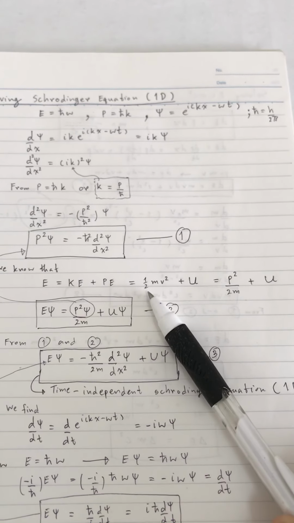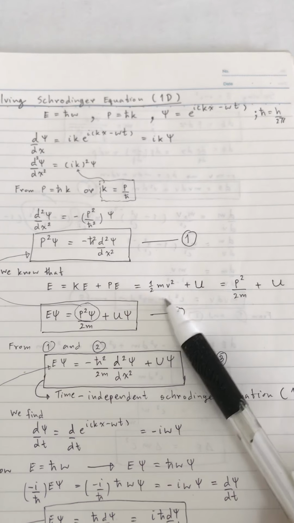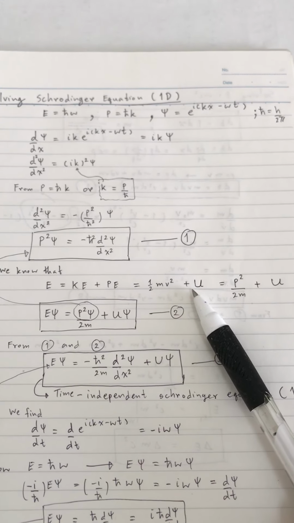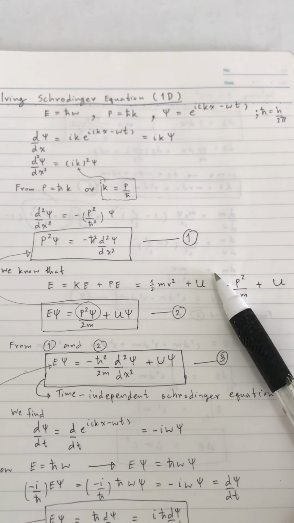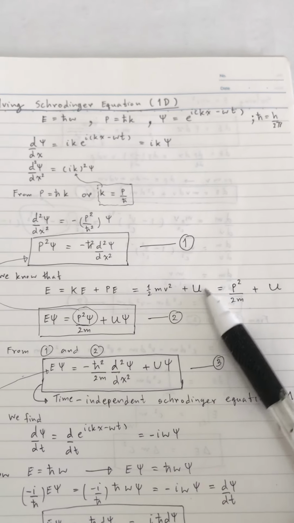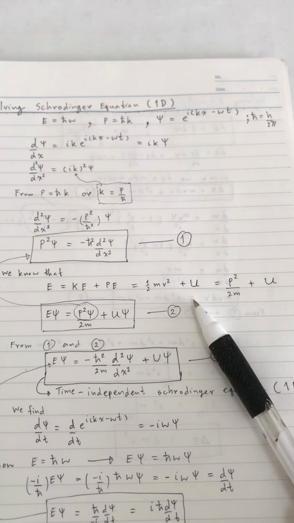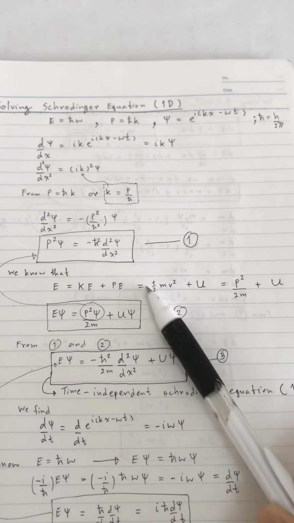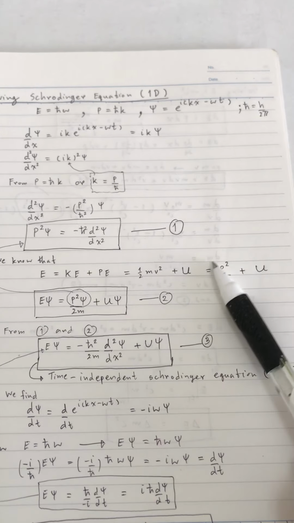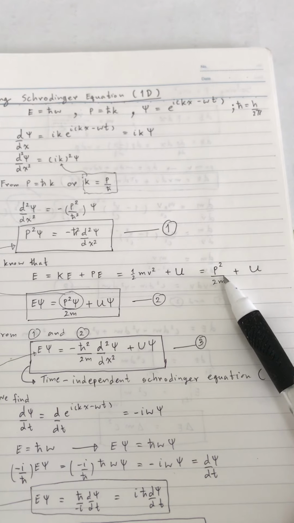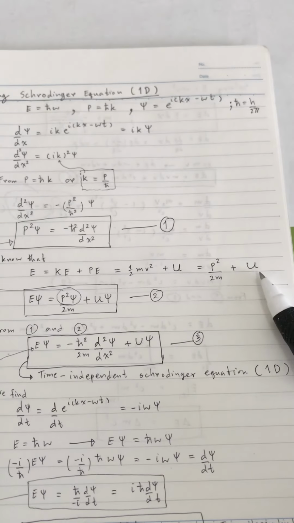Kinetic energy is equal to 1/2 m v squared, and for the potential energy, normally we write U or V, but in this case I'm going to write U here. And from the kinetic energy, we can write it in terms of the momentum, as you can see here. So this is the kinetic energy, this is the potential energy.